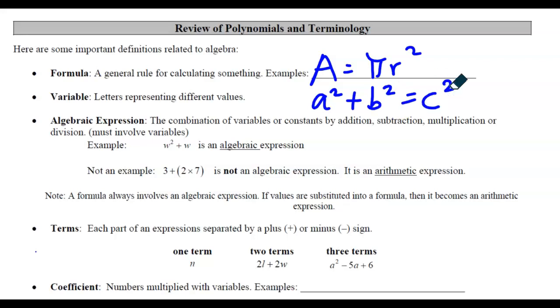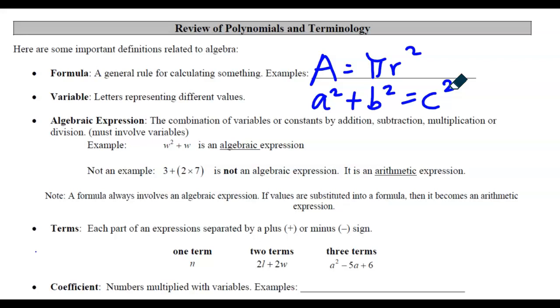And so those variables, that's the next definition, represent different values. And the word vary is in that word. Variable means, okay, so a in the Pythagorean theorem could be any length. B could be any length, and then you use it to calculate the hypotenuse, or rearrange it if you knew the hypotenuse and were working backwards. But those variables can change.